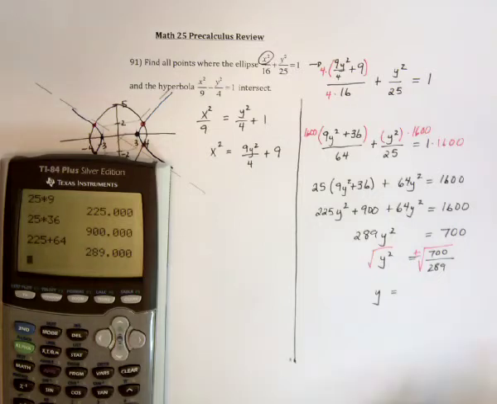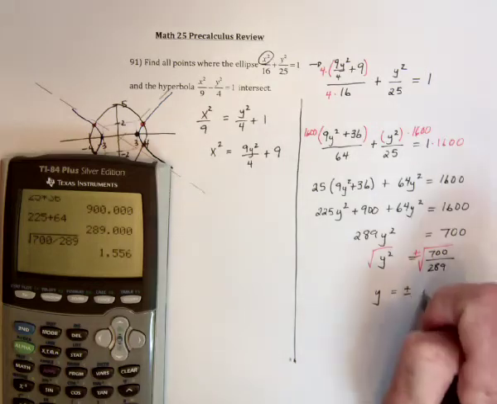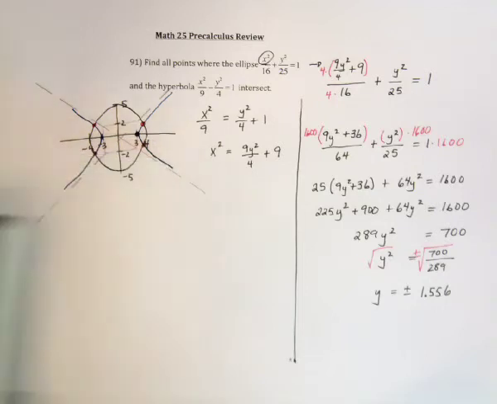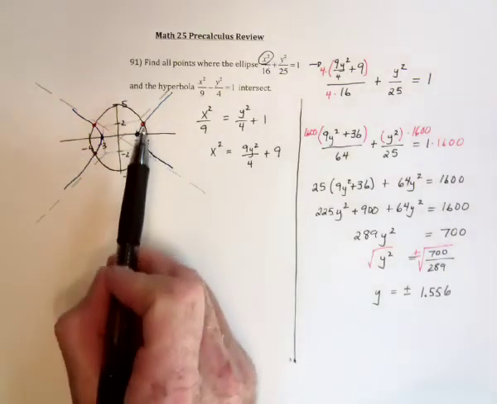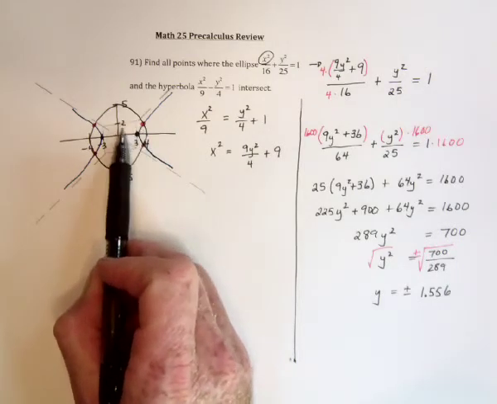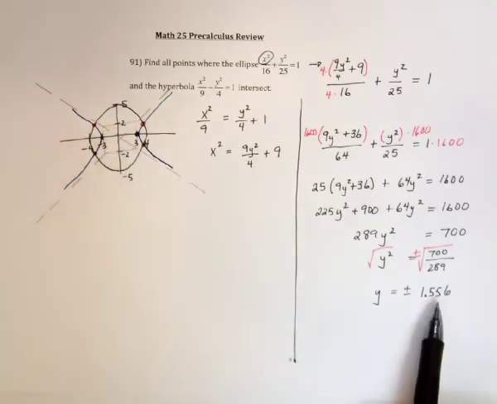So in here we'll get plus and minus the square root of 700 divided by 289, which is 1.556. And then at this point I would take a look at the picture and see if this makes sense. So the y value for this red dot right here, if you go over, would have to be right here, a little bit below 2. So 1.556 definitely sounds reasonable.